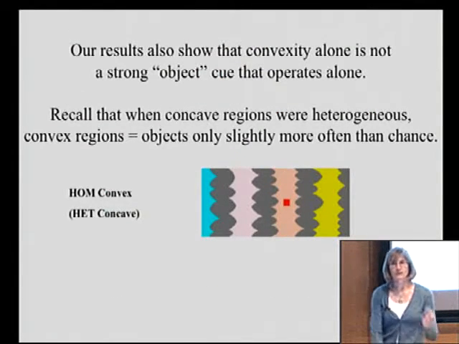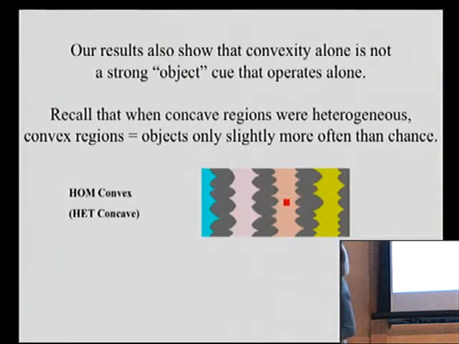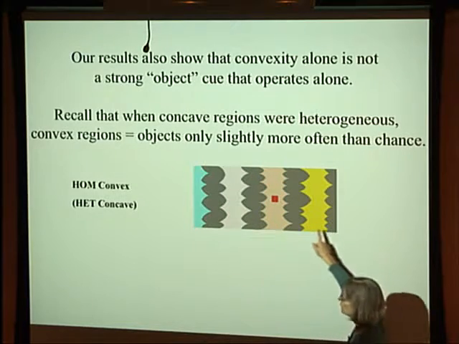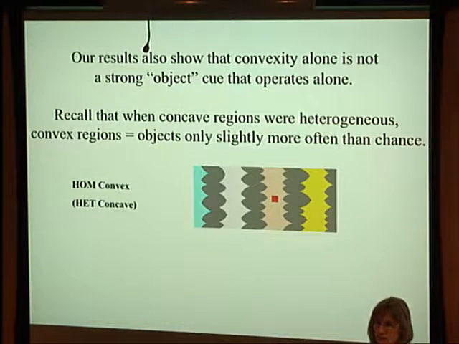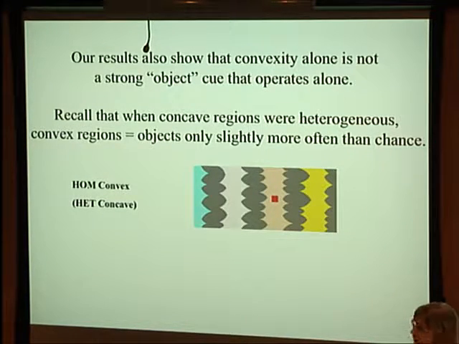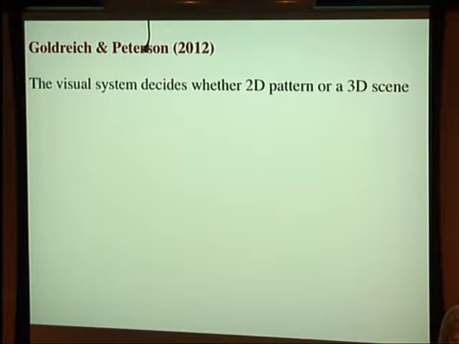But we also know that convexity alone is not enough to give you the context effects. This was one of those conditions that was just hovering right around 57 or 60%. No context effects there. So object cues alone are not enough to give you this context effect. So Dan Goldreich and I argued that the visual system is trying to decide, am I looking at a two-dimensional display, a flat pattern, or am I looking at a depiction of a three-dimensional scene?